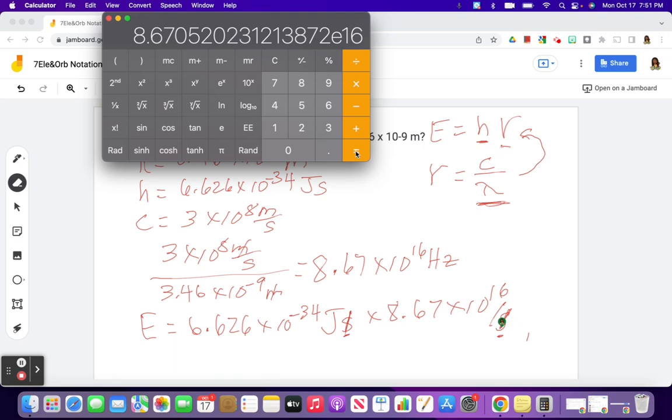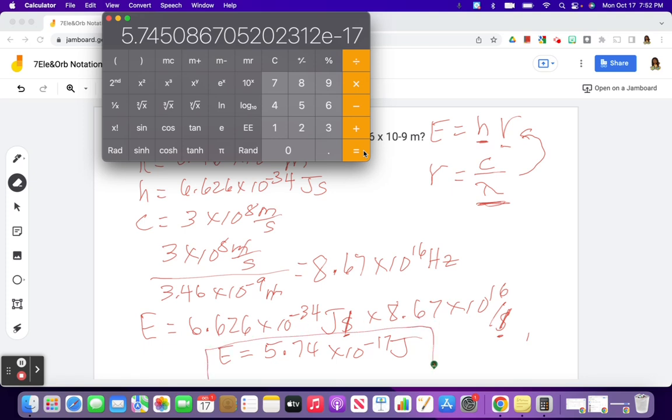And we're going to multiply these two numbers. So I already had the 8.67 in the calculator, so all I have to do is hit times 6.626 EE negative 34. And it gives us this. So photon energy for this problem is 5.74 times 10 to the negative 17 joules.